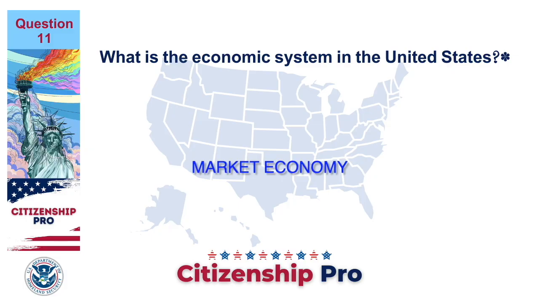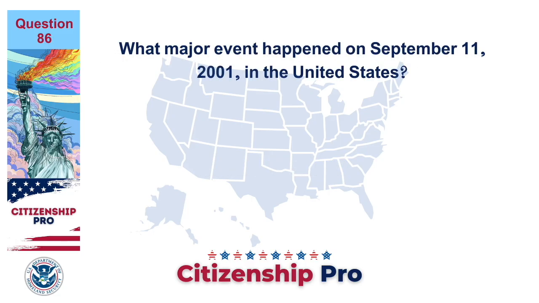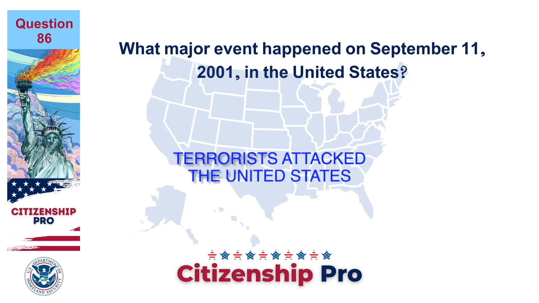Market economy. What major event happened on September 11, 2001 in the United States? Terrorists attacked the United States.